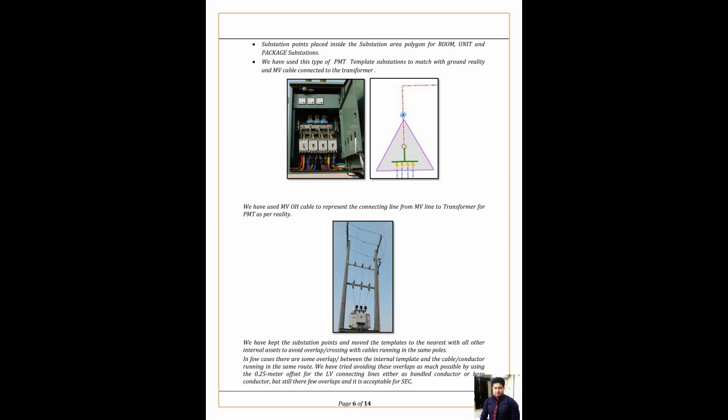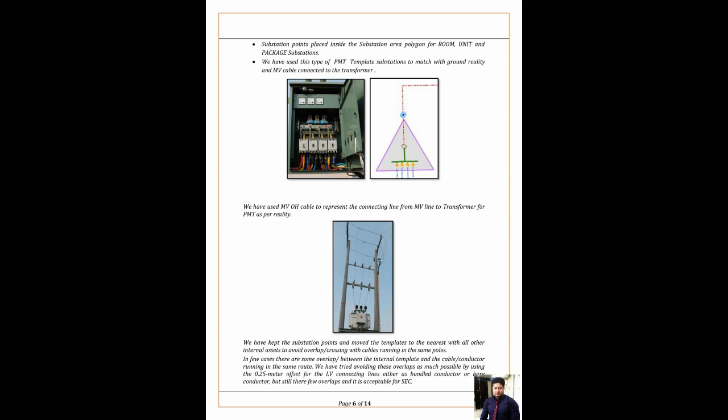We have used MVO cable to represent the connecting line from MV line to transformer for PMT as per reality. We have kept the substation points and moved the templates to the nearest position with all other internal assets to avoid overlap crossing with cables running in the same poles.